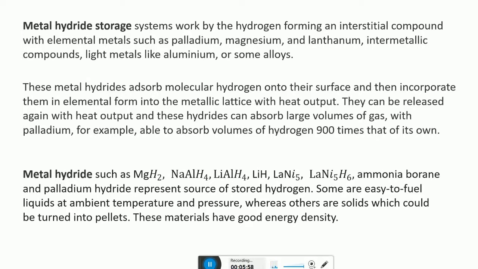Metal hydrides such as MgH2, NaAlH4, then lithium aluminum hydride, etc., ammonia, boron, and palladium hydride represent sources of stored hydrogen. Some are easy to fuel liquids at ambient temperature and pressure, whereas others are solids which could be turned into pellets. These materials have good energy density.